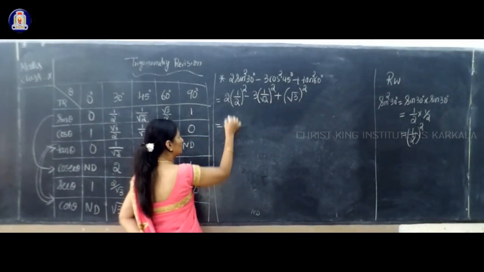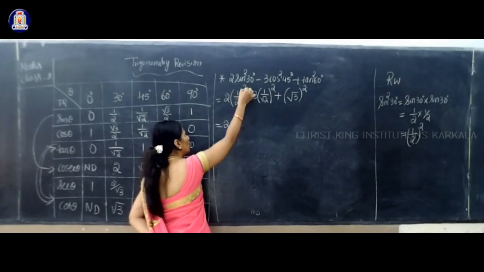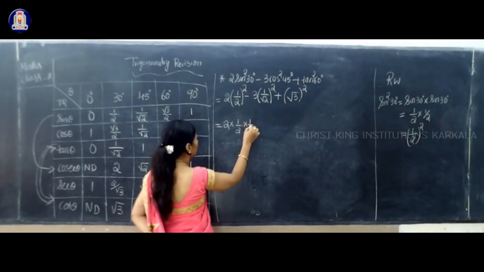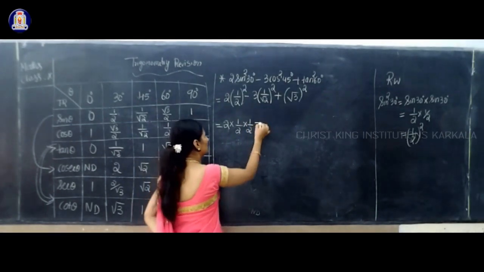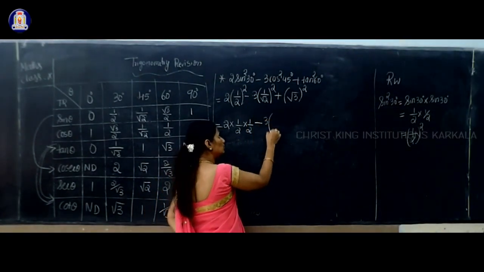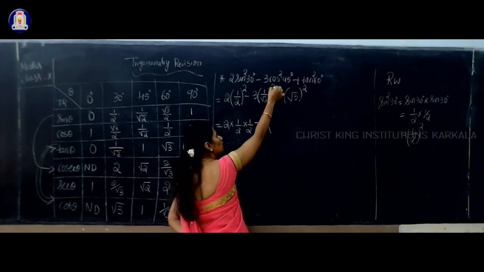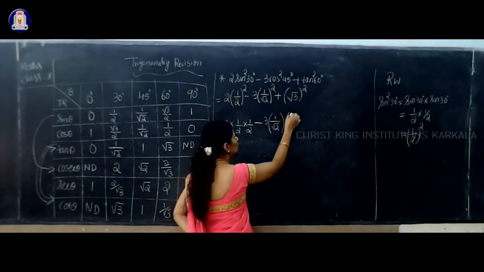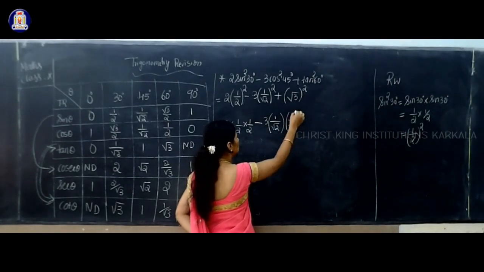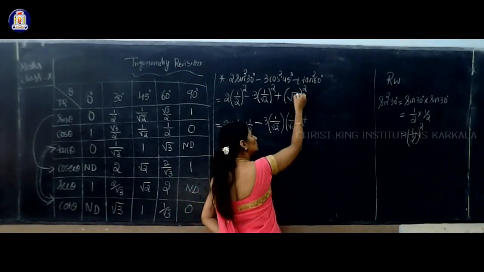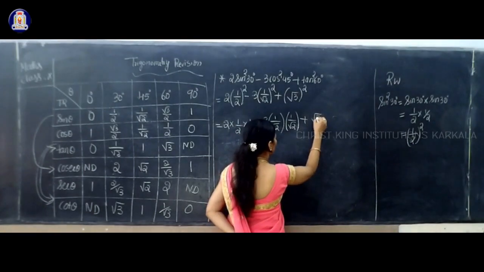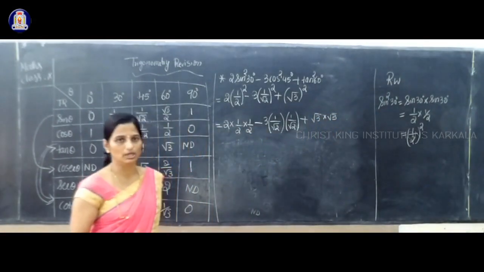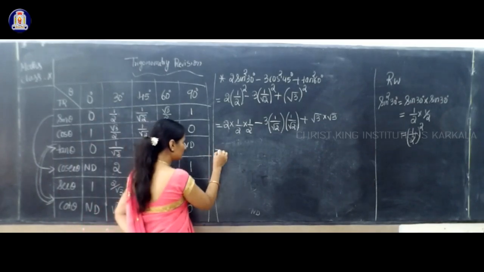So 2 into 1 by 2 whole square, minus 3 into 1 by root 2 whole square, plus root 3 whole square. So it is 1 by 2 into 1 by 2, minus 3 into 1 by root 2 into 1 by root 2, plus root 3 into root 3.